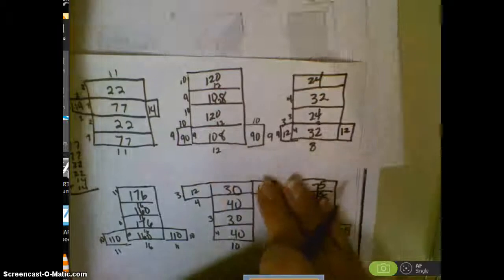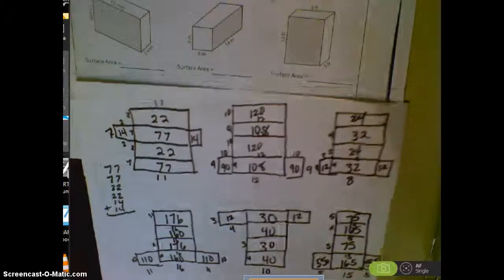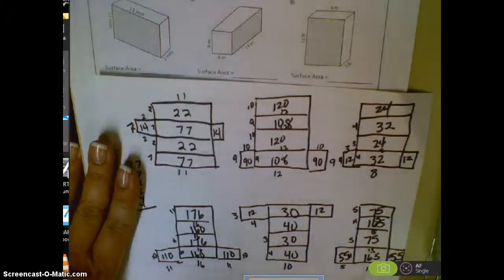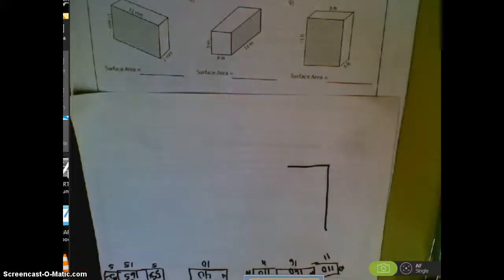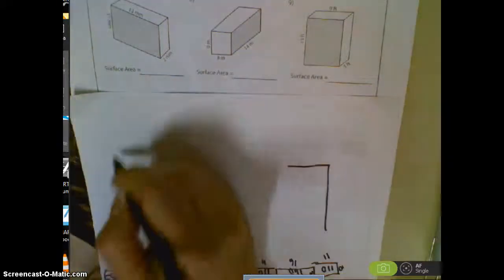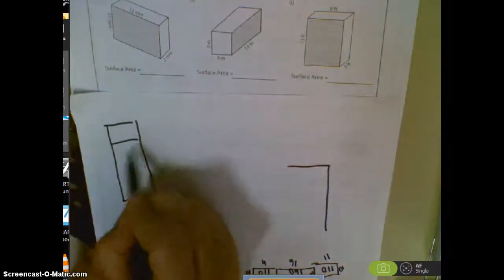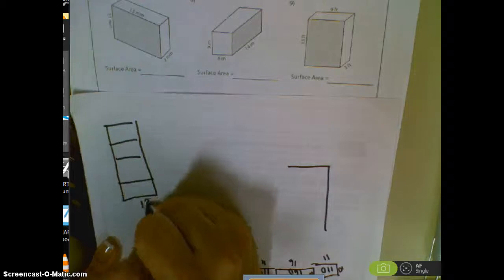Okay, moving on up. Surface area down here. Again, we'll draw our pictures. I'm just going to turn it this way because I'm running out of room and screen space. So I'll write it right here. And it looks like we've got a 13 this way.